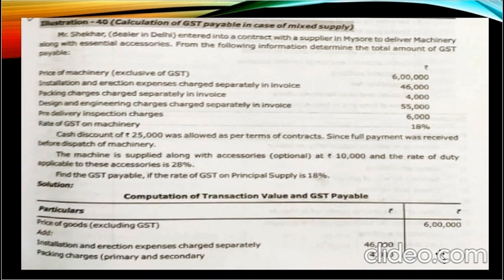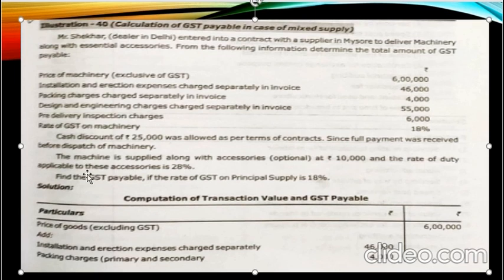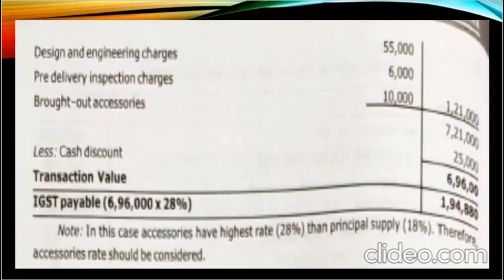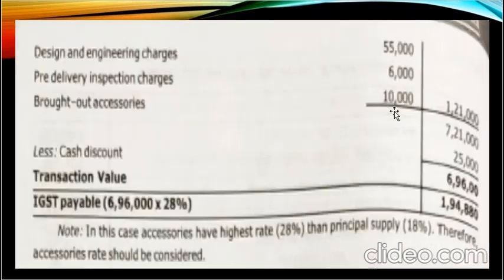So price of machinery, 6 lakh. We will add installation charges 46,000, plus packing charges 4,000, plus design and engineering charges 55,000, which we will show in the calculation. Then pre-delivery inspection charges, which is 6,000, will be added.